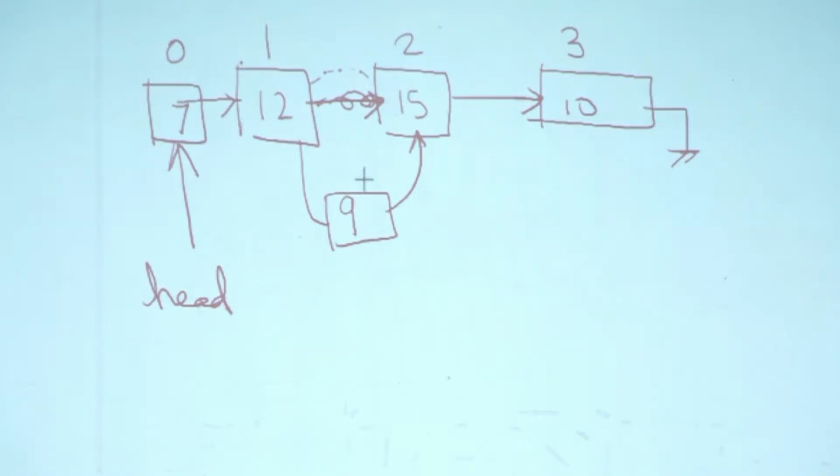Now, how am I going to create a node at position 2? The trick here, which I think you should understand, is that if I have to create a node at the second position to take this guy's place, then I have to create a node somewhere and connect the previous node to the node at whose position I want to insert.